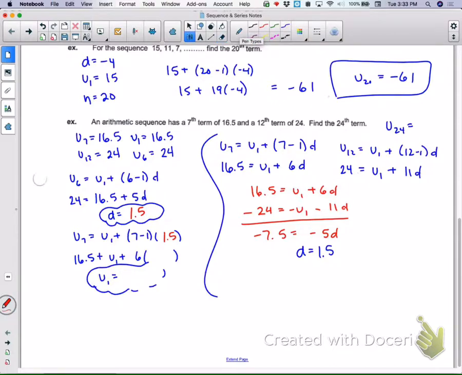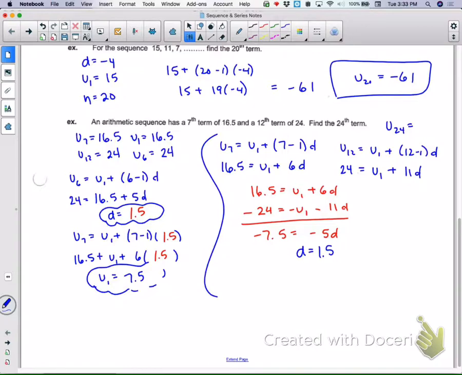So 1.5, and then your first term turns out to be 7.5. Let me just verify that again real quick because I don't want to mess up again. Yeah. So that changes our 24th term, which we'll fix in a minute.